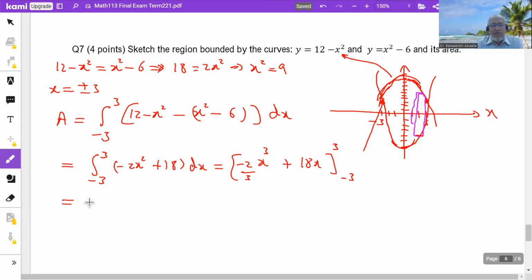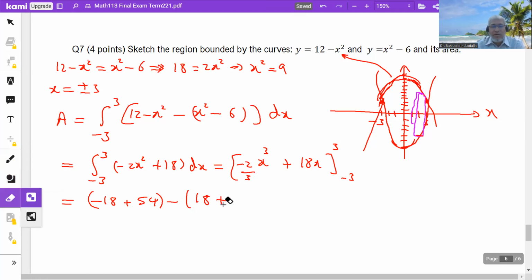So if I replace x by 3, 27 over 3, that's 9 times negative 2, that's negative 18, plus 3 times 18, that's 54, minus. Now I replace by negative 3, I'll have negative 27 over 3, that's negative 9 times negative 2, that's 18, plus negative 3 times 18, so that's negative 54.